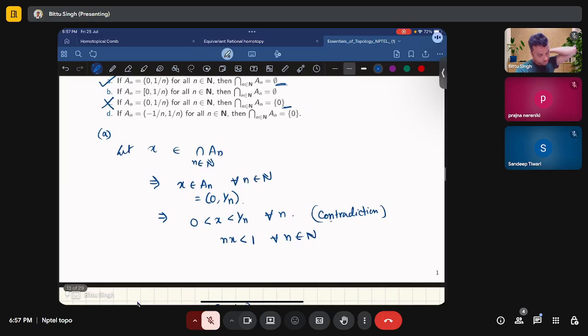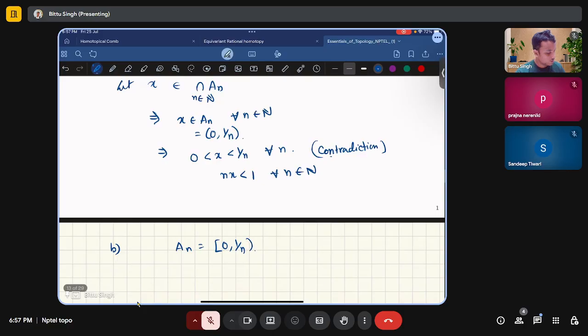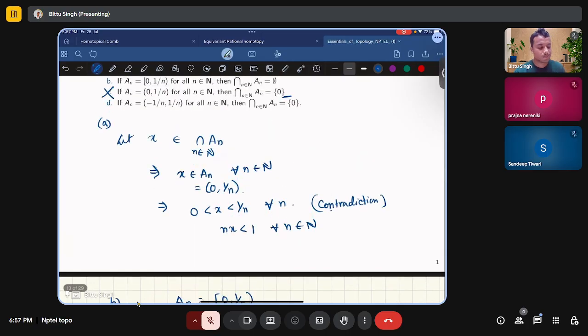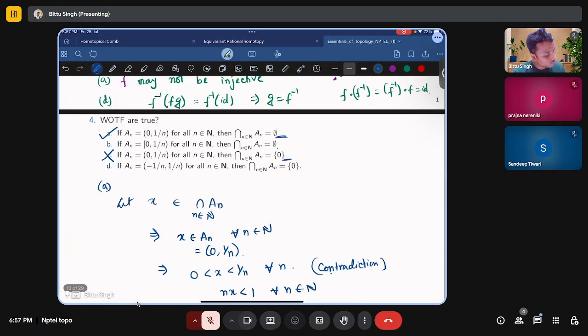So in this case, whatever n we choose, it always has 0, right? Therefore the intersection of A_n is {0}. And we can also prove that it cannot have anything other than 0 by the same kind of reasoning. So saying it is empty is wrong.